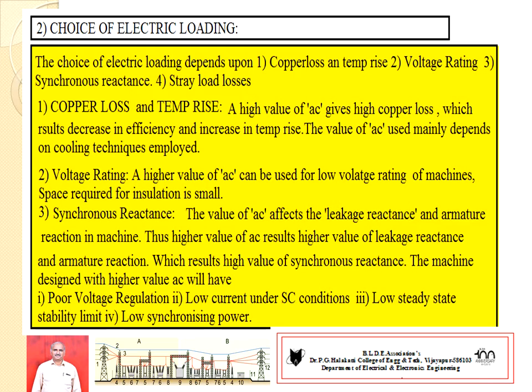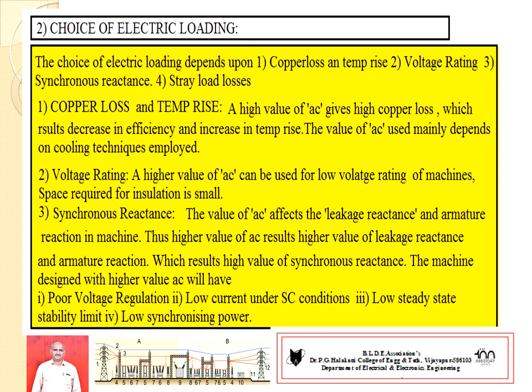That means AC selection mainly depends upon the rating of the machine. Lower rating, proportionally lower AC; higher rating, higher AC, but it is restricted by the cooling system, that is, the temperature rise. We have to control the temperature rise. This increase in copper loss also results in a decrease in efficiency.